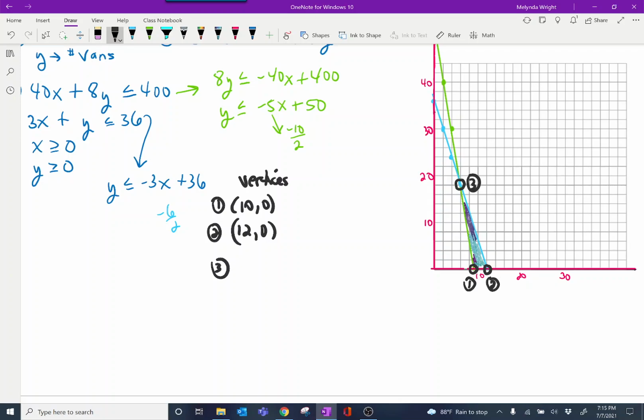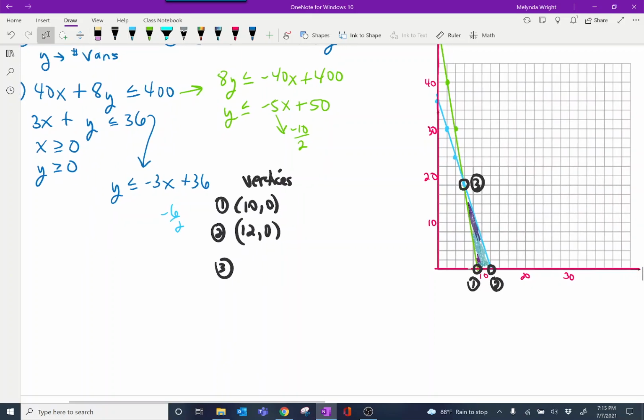So just to be on the safe side, let's go ahead and intersect the light blue and the green one, because that's where number 3 is, where they cross. So we'd have negative 3x plus 36 equals negative 5x plus 50.